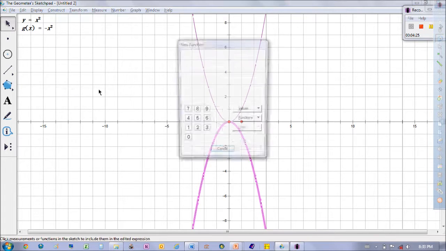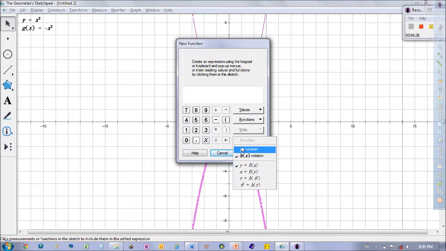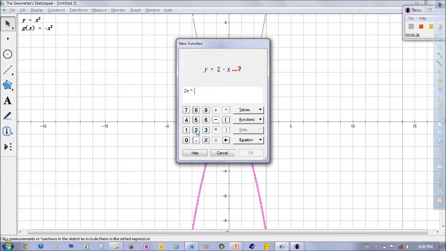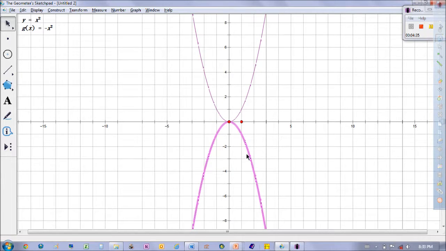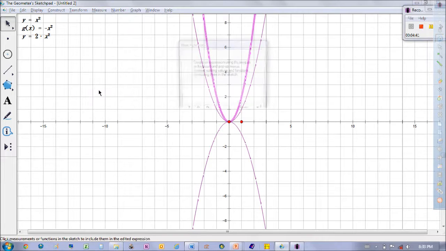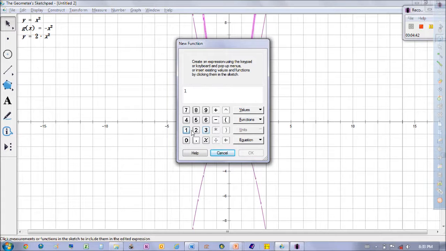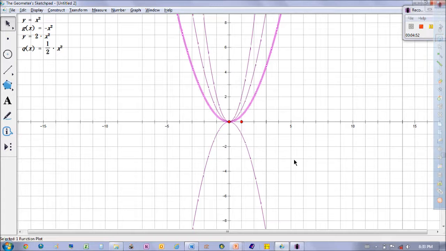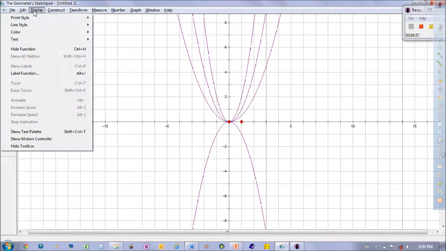The next one that I want to graph is y equals 2x squared, and then I have one more, which is y equals 1 over 2x squared.